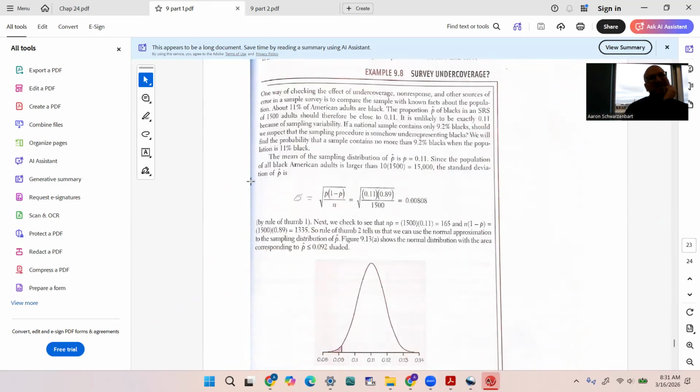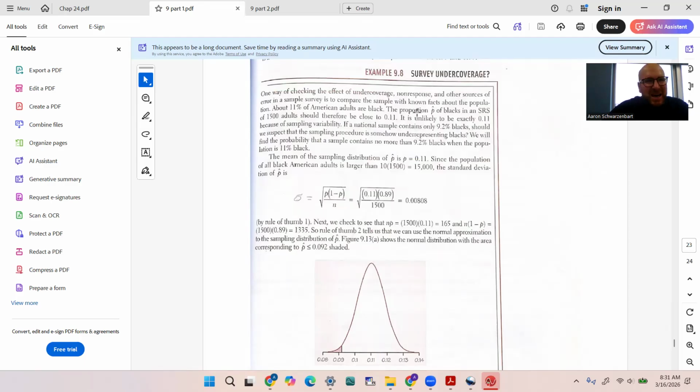So survey undercoverage, and they use this kind of a lot. One way of checking the effect of undercoverage, non-response, and other sources of error in a sample survey is to compare the sample with known facts about the population. When this book was made, about 11% of American adults were Black.